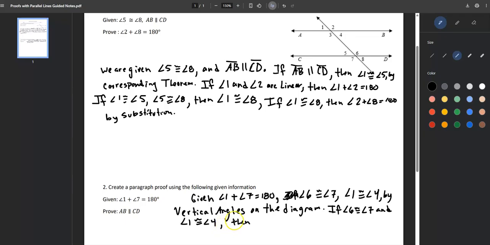well, sorry, we also need to put that those two are congruent, and angle 1 plus angle 7 equals 180, then angle 4 plus angle 6 equal 180, and that's going to be by substitution.